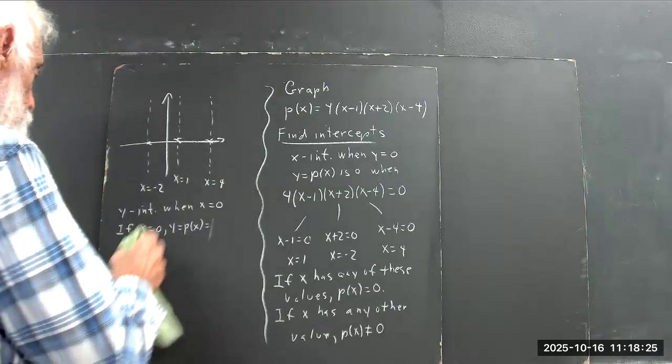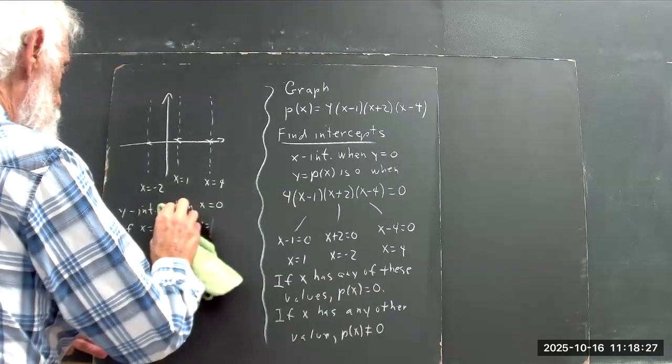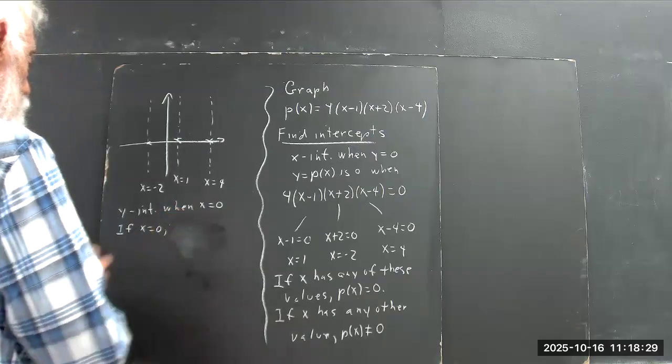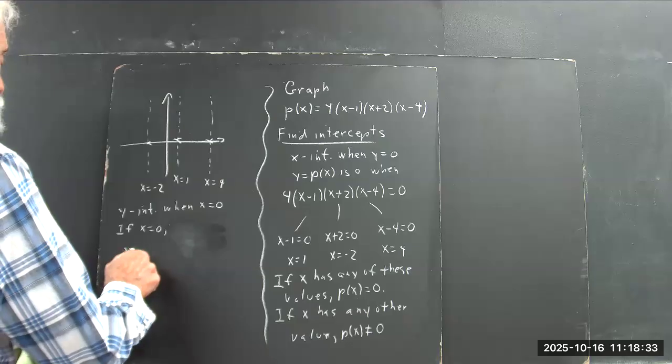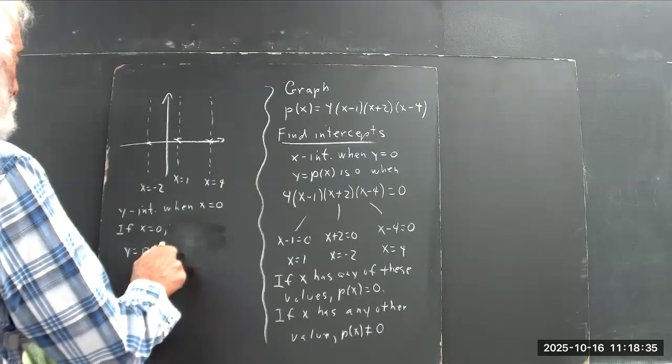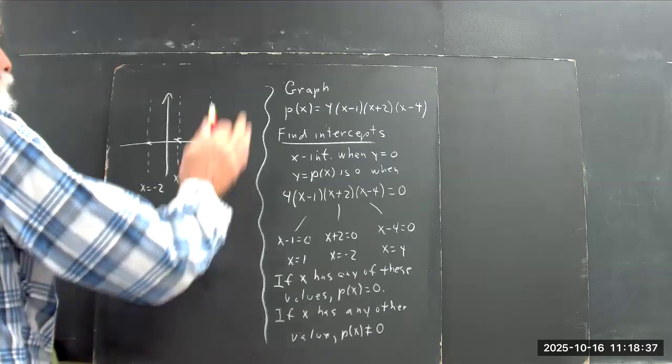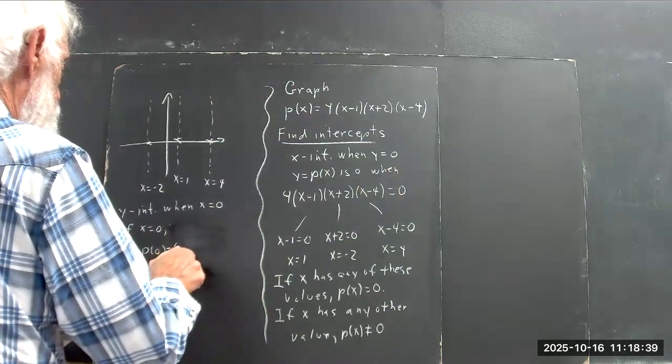I was going to try to squeeze that in. Really got to get out of that habit. This almost never works. Y equals P of 0. And that means, of course, we plug 0 in for every x.